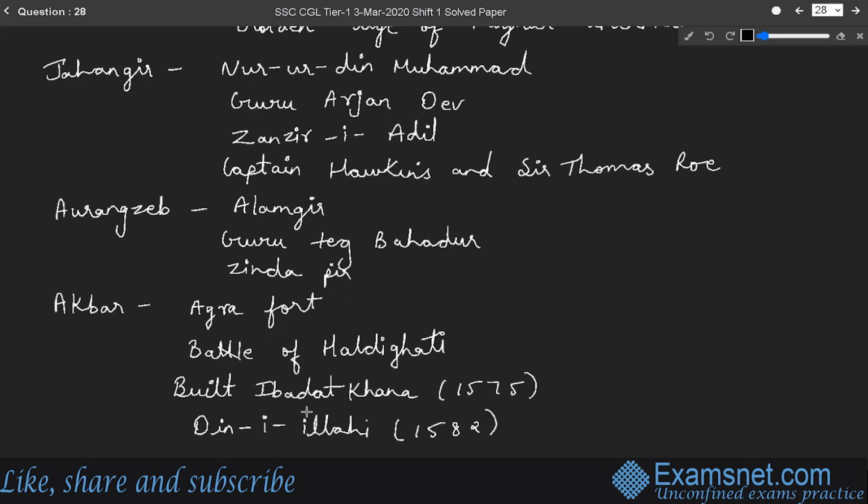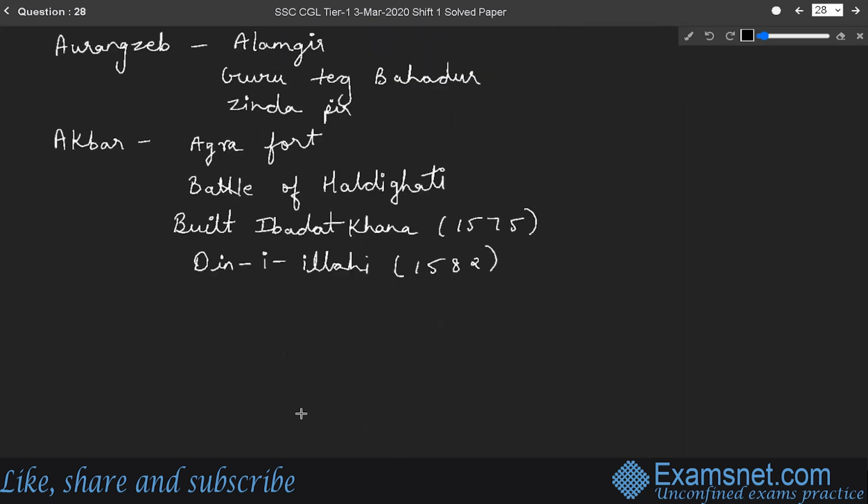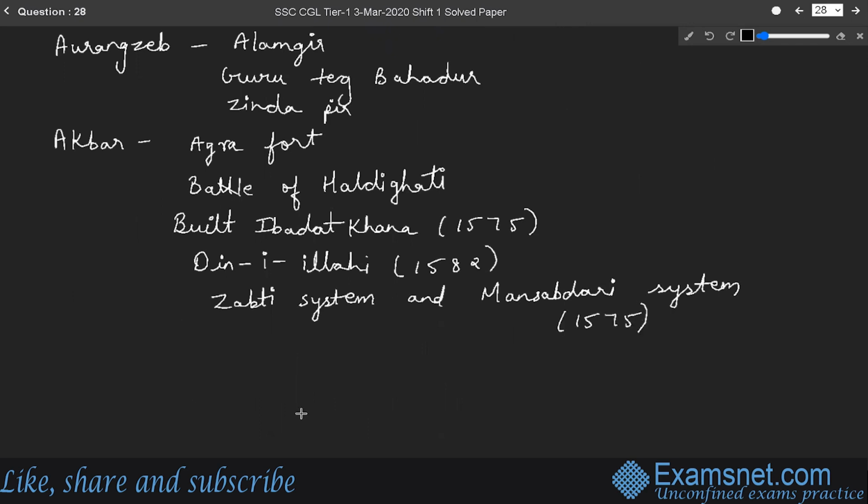Also, he introduced two more systems which were Zabti system and Mansabdari system. Mansabdari system was introduced in the year 1575.